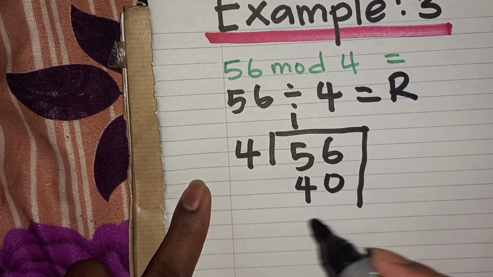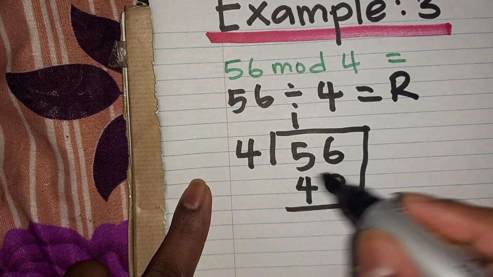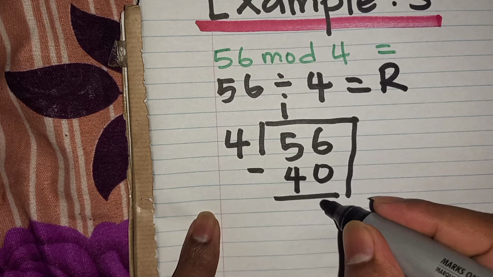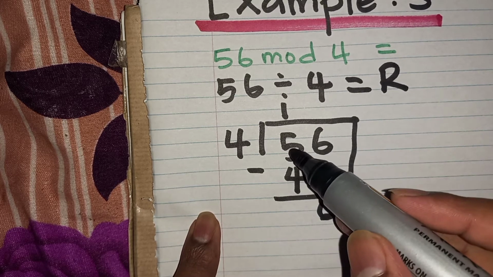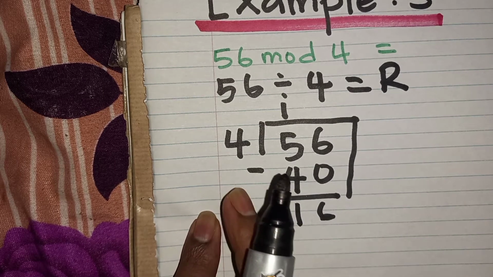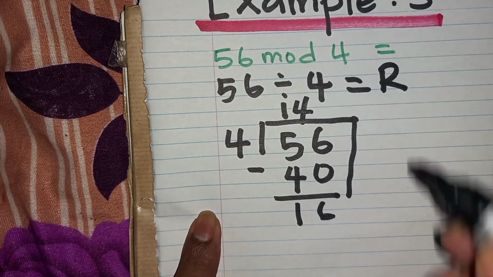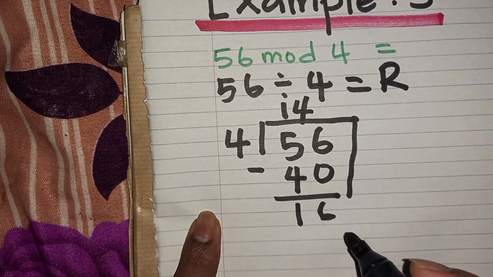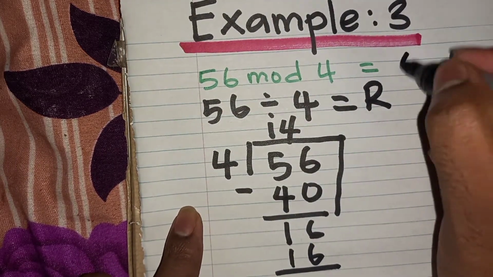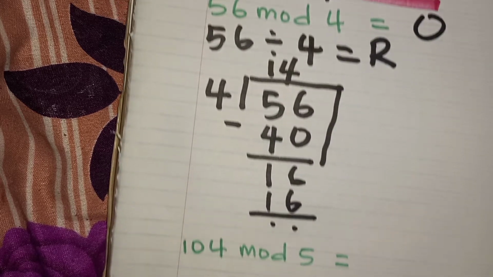Now we'll use the subtraction. 5 minus 4 is 1, and we bring down the 6. Now 4 goes into 16 how many times? 4 times, right? 4 fours are 16. So the remainder here is nothing. So 56 modulo 4 is basically 0. We do not have a remainder, right?